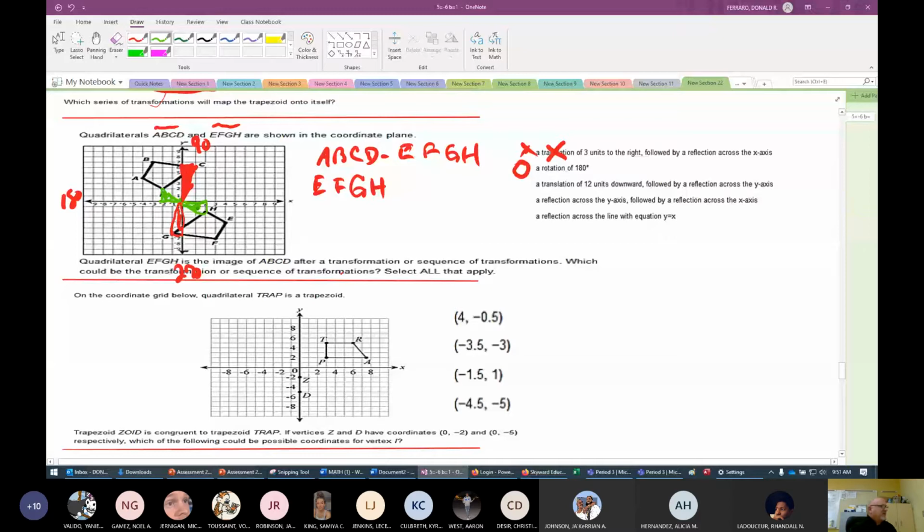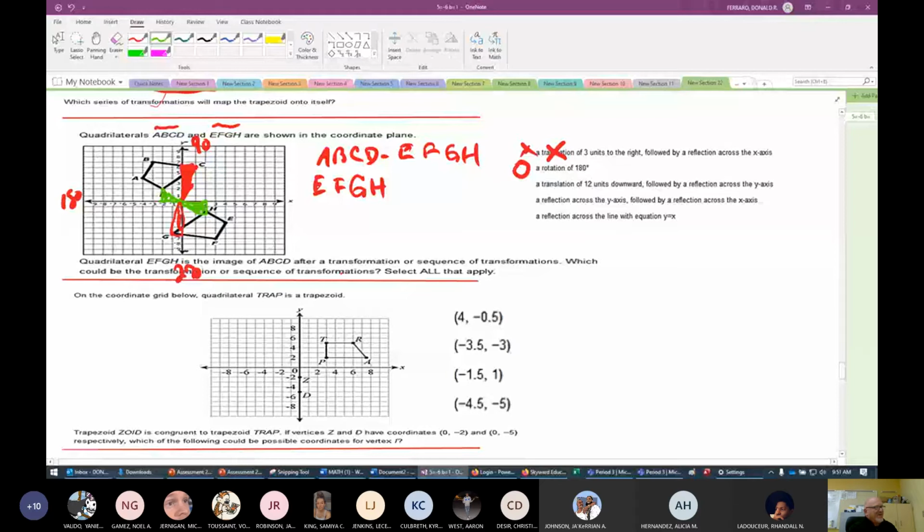So that's my next point. And we know that we are working off a point D, and D maps to H, and that matches. So now I know that this one right here is definitely one of my answers. Okay, so that is definitely one of my answers.